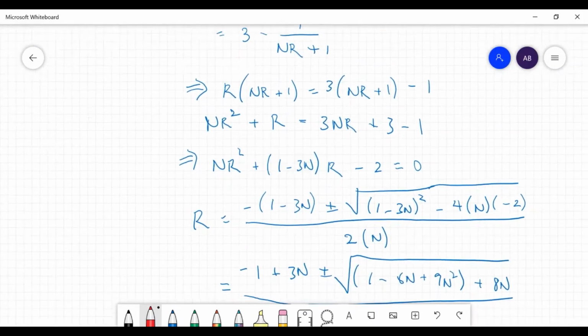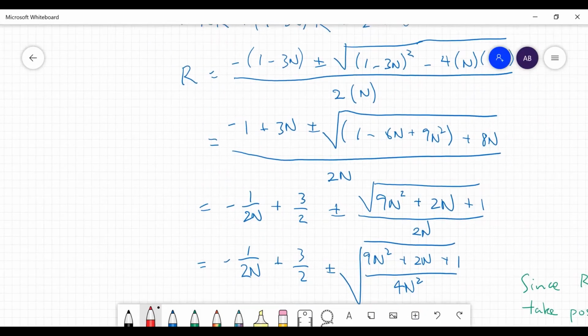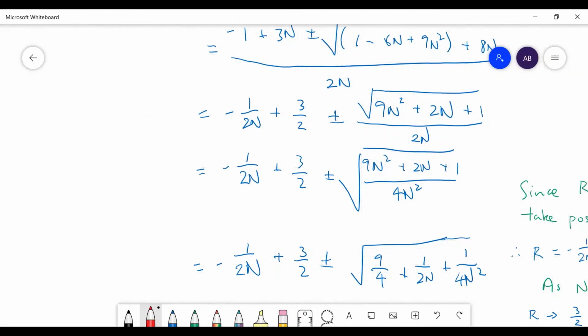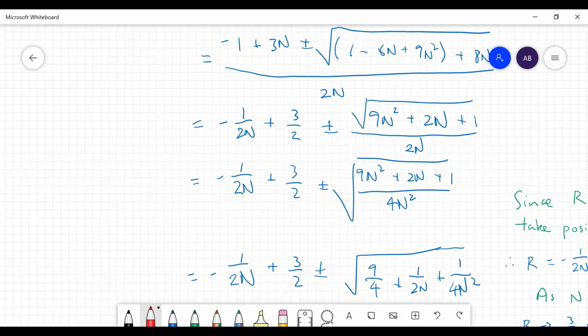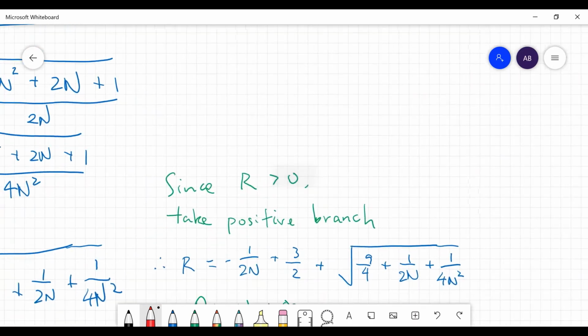And you can see that we eventually get minus 1 over 2n plus 3 over 2, plus or minus the square root of 9 over 4 plus 1 over 2n plus 1 over 4n squared. There is a plus or minus sign over here, but we know that the equivalent resistance must be a positive value, and hence we take the positive branch, and this will be our final answer.